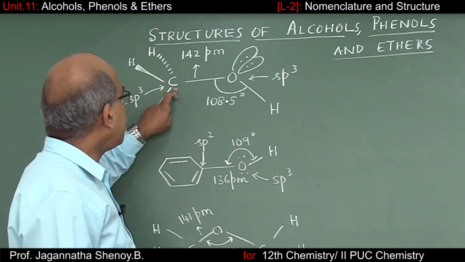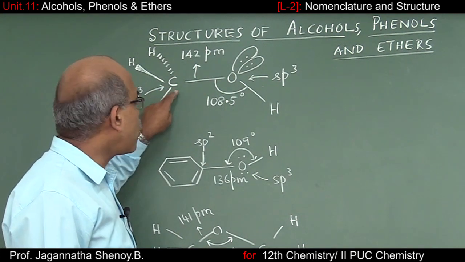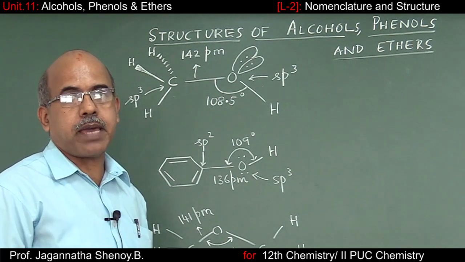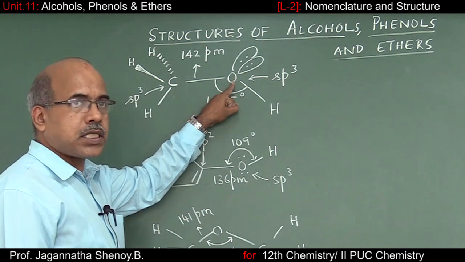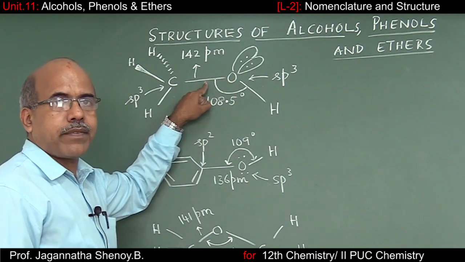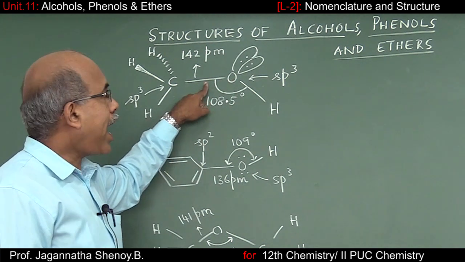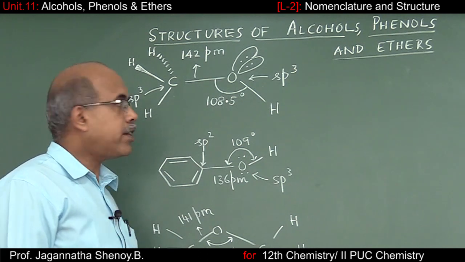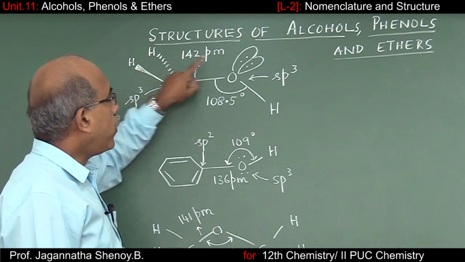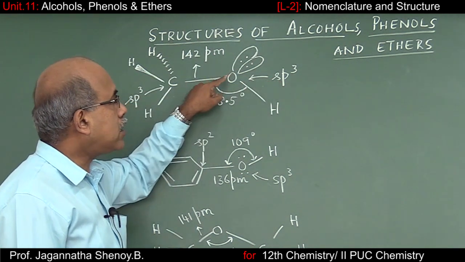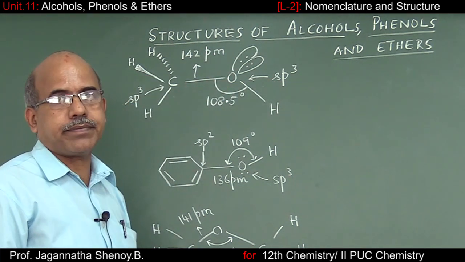The carbon atom of methyl group also has undergone sp3 hybridization. So, the carbon-oxygen sigma bond is formed by head-on overlapping of sp3 hybridized orbital of carbon with sp3 hybridized orbital of oxygen.